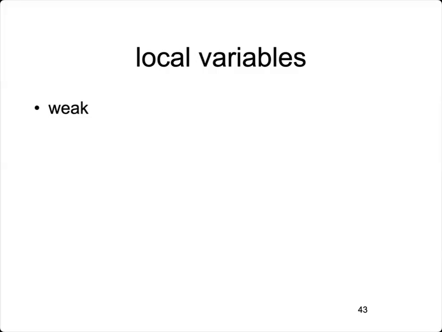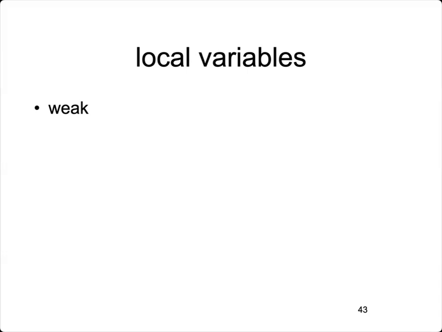Local variables in Bash, and why we want to use them, is so that if you have a really large script, somebody may be accidentally naming variables the same. If you're inside of your own function, you can declare that variable local, and then you won't be overlaying somebody else's variables, and they won't be overlaying yours.